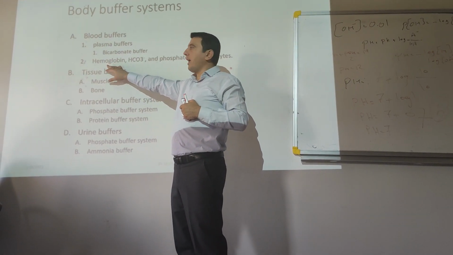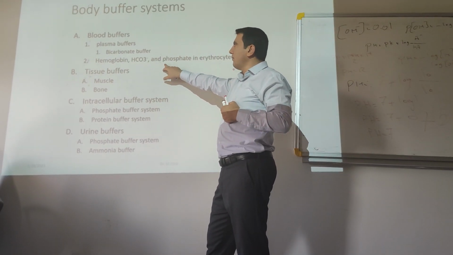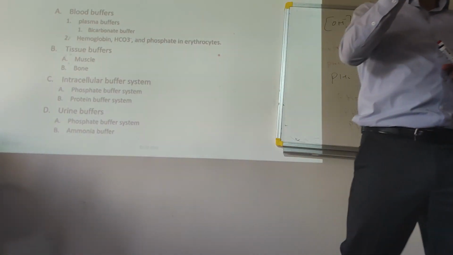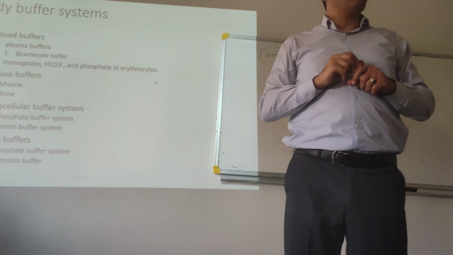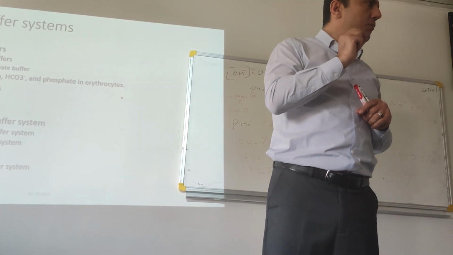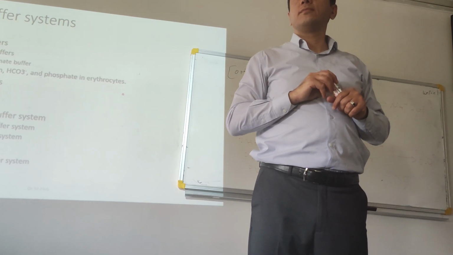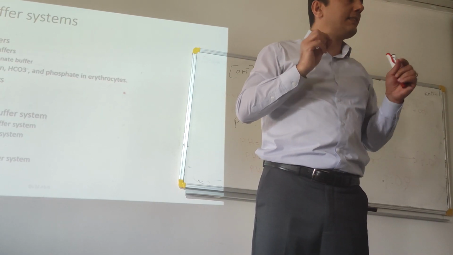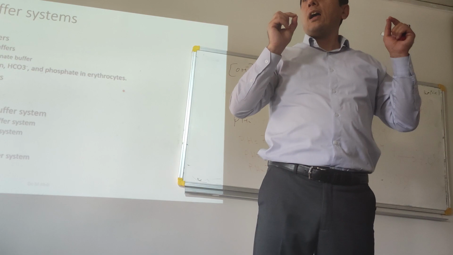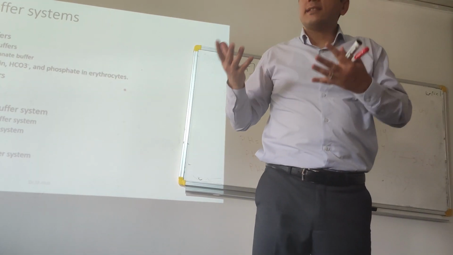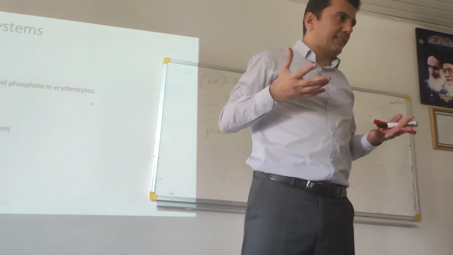Another buffer in blood is hemoglobin. What is hemoglobin made of? It is made of amino acids, or it is a subtype of proteins.